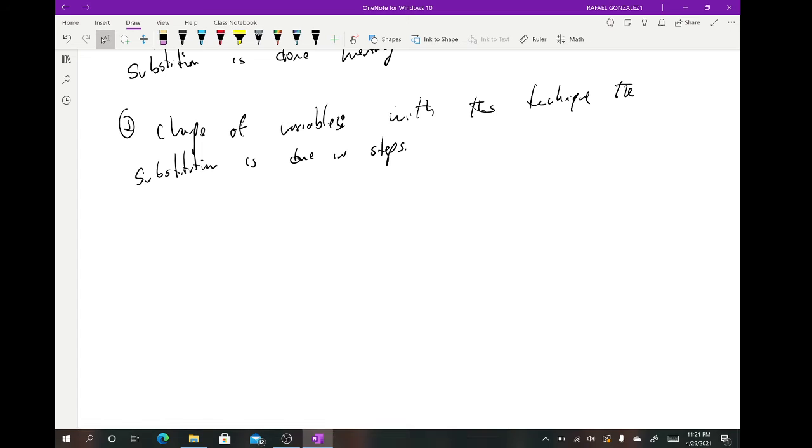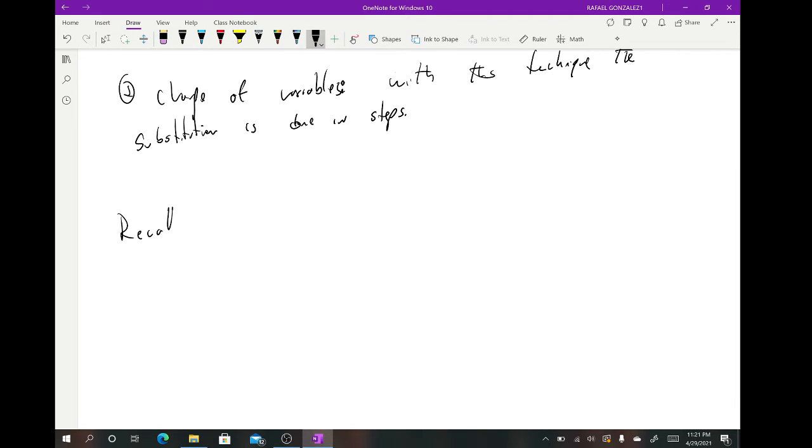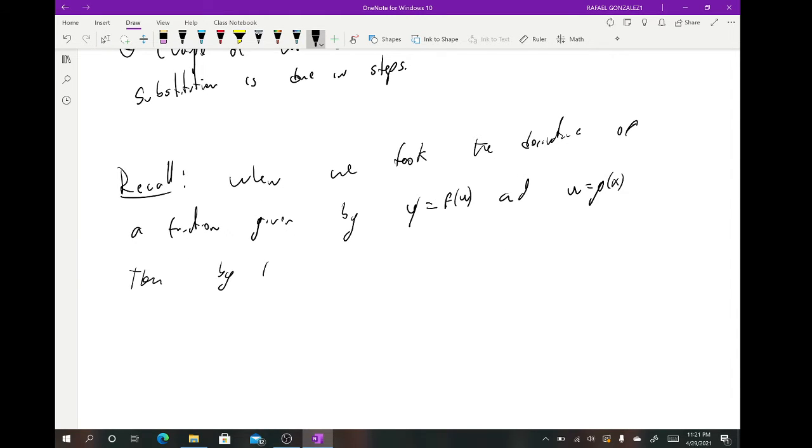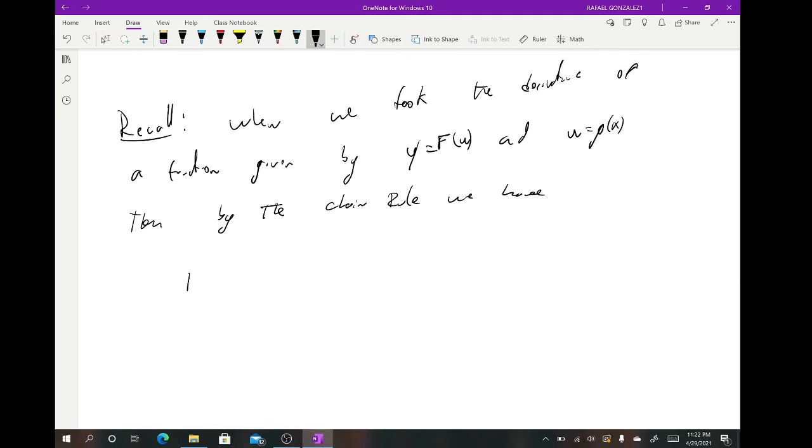Alright, so now again, when we took the derivative of a function given by y equals F of u, and u was equal to some other function g of x, then by the chain rule we have the following, and I should emphasize this is capital F. We have the derivative with respect to x of F of g of x, meaning the composition of F with g.